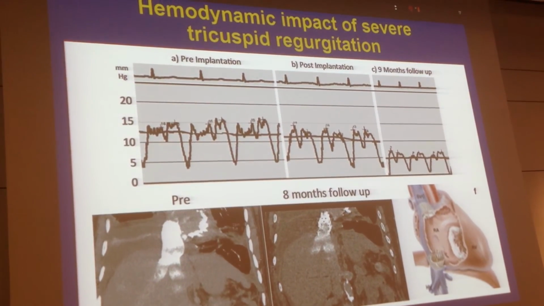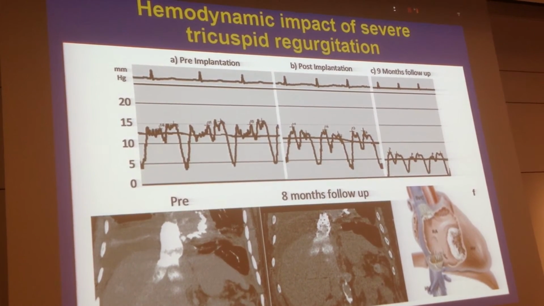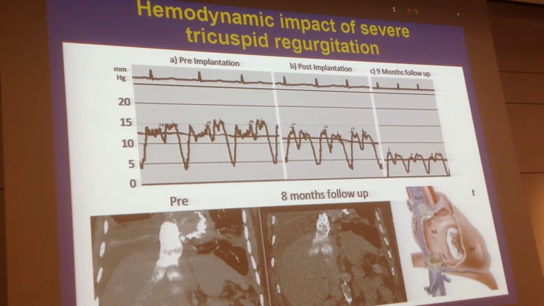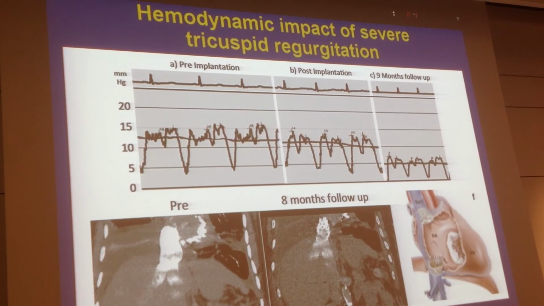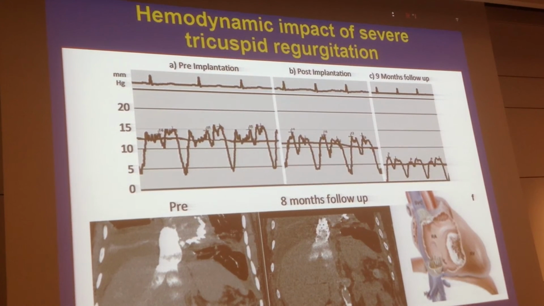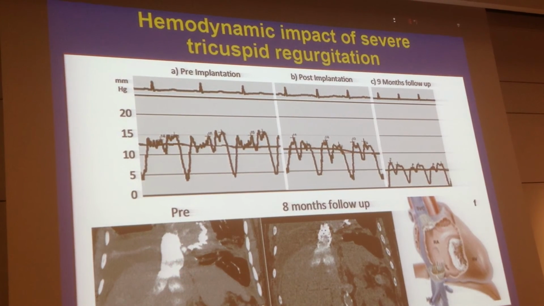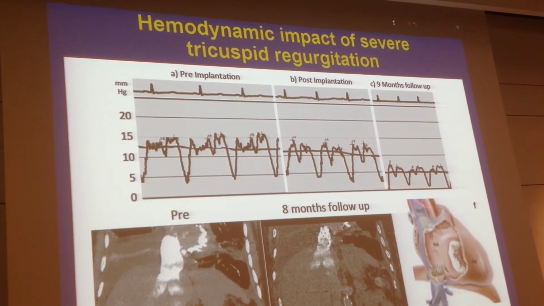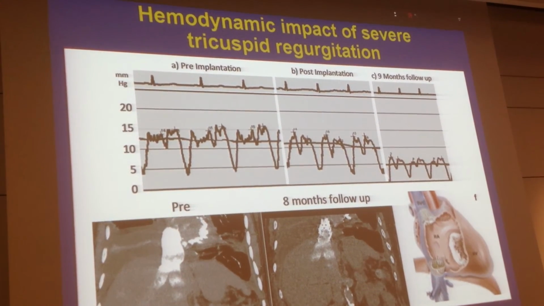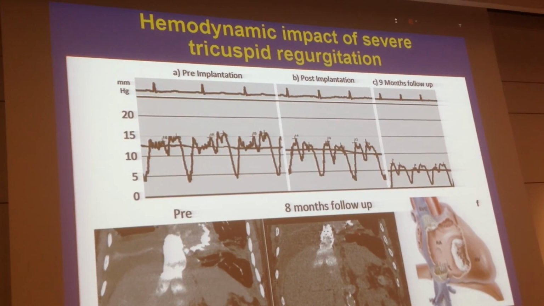Look at this patient as an example. What is the impact of decreasing the regurgitation of the tricuspid valve? Another solution that you may use in a very old patient with problems due to severe regurgitation is what you may see in the CT scan. Look at this, a big regurgitation of the contrast media that goes down into the hepatic veins. If you put a TAVI into position at the end of the inferior vena cava or superior vena cava, you can decrease it significantly.